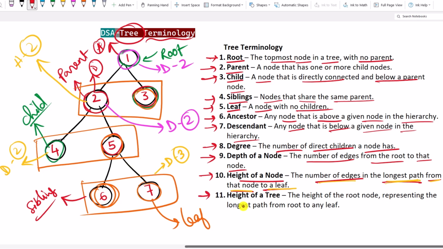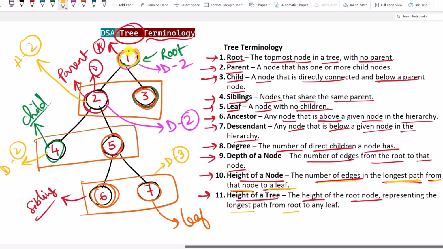And next we have the height of a tree. So this is similar to finding the height of the node, but the difference is that here we have to find the height of the root node. So the height of the root node will be the height of the entire tree. So to find the height of the root node, we have to find the longest path from the root to the leaf node.